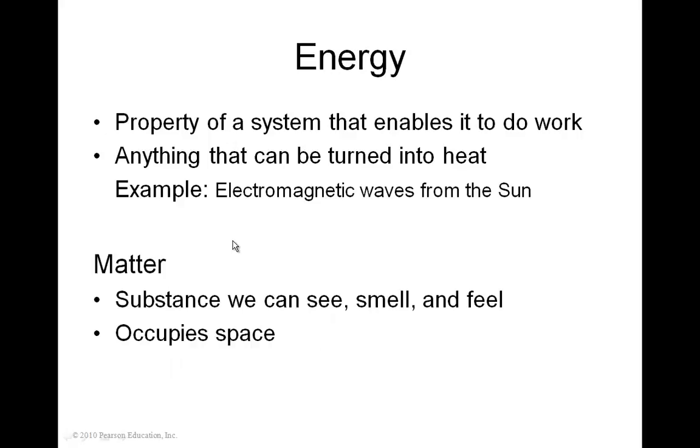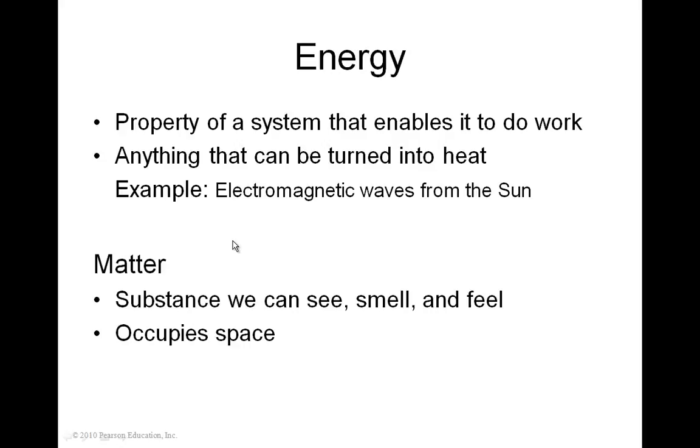So the usual definition of energy is the property of a system that enables it to do work. We haven't talked about what work is, but this is the fundamental definition of energy. It's the property of a system that lets it do work. Also, any kind of energy can be turned into heat. Any kind of energy at all can be turned into heat.